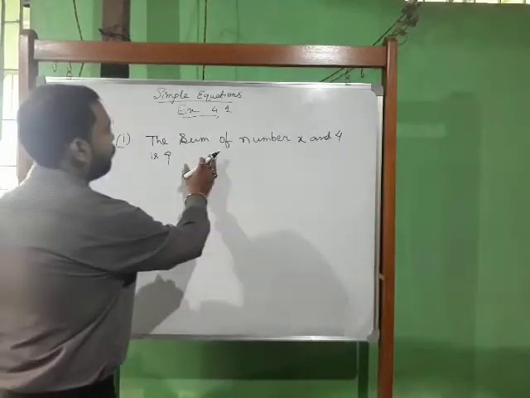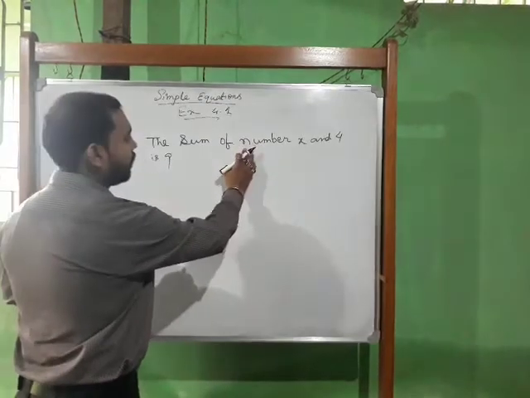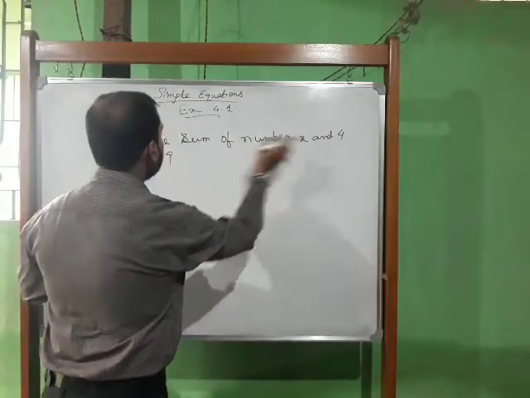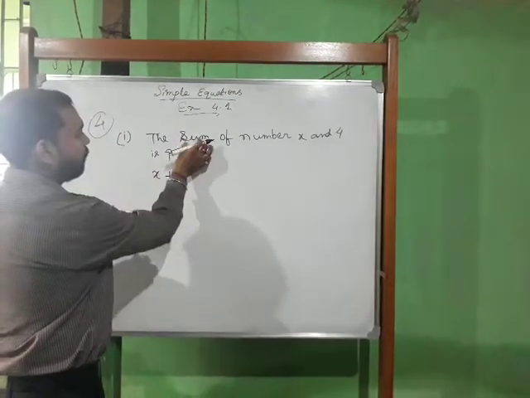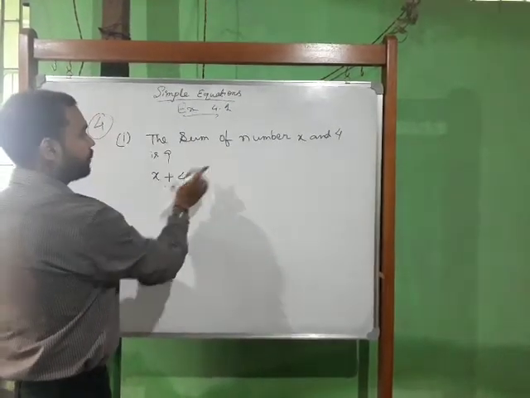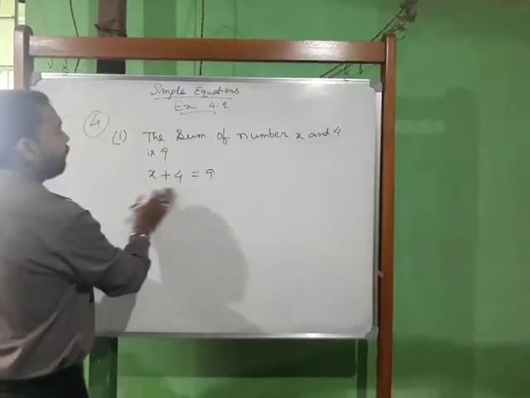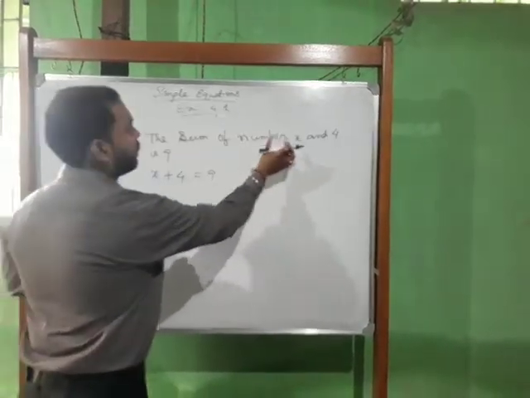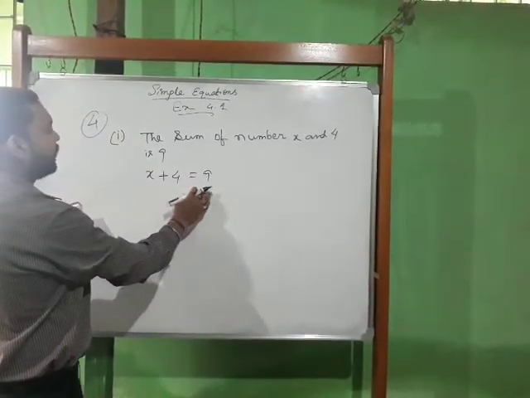So now how can you write this statement in equation form? The sum of number x and 4. So x plus 4, because they have told the sum. So x plus 4 is 9, equal to 9. So in this way we can write the equation.